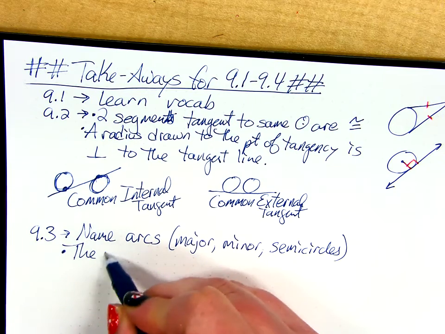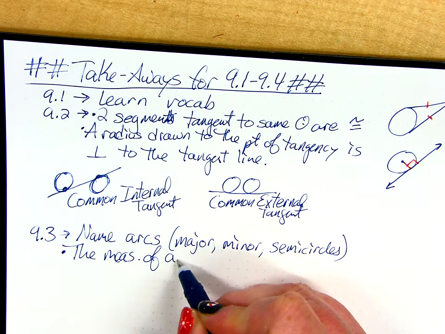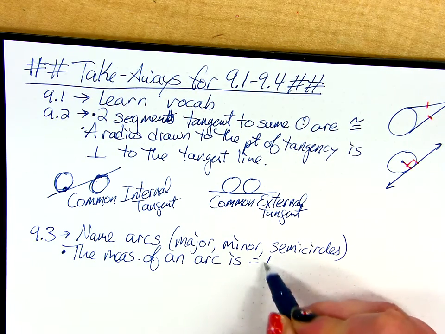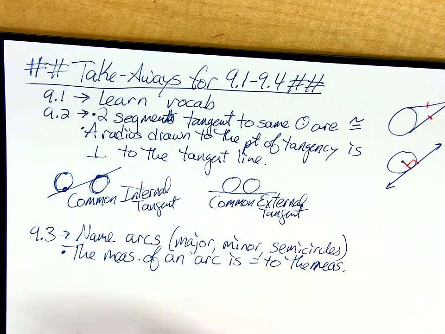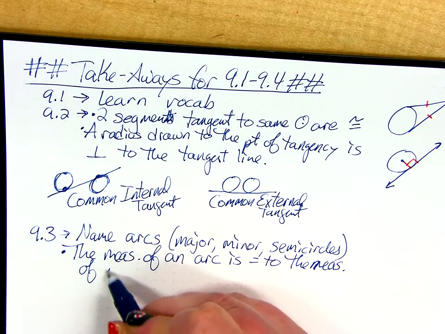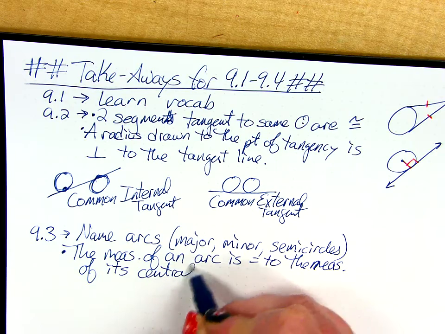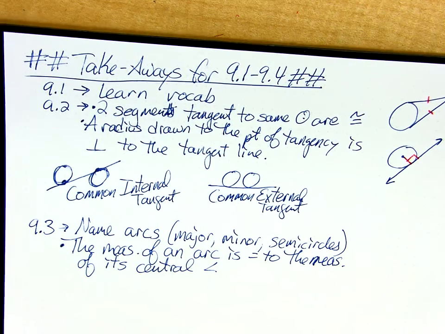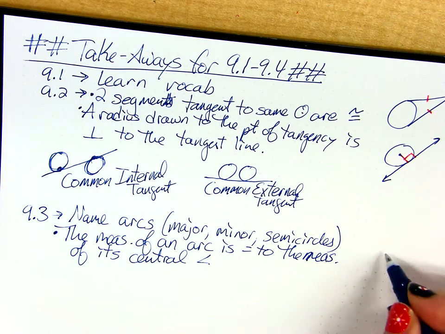The measure of an arc is equal to the measure of its central angle. Oh, I did not write that down. Yeah, so let's do a little picture of that over on the side here.